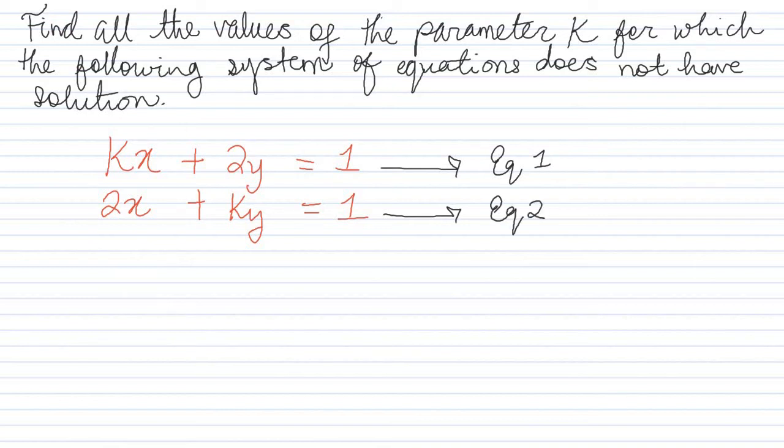When you're solving systems of equations, your plan is to reduce the number of equations into 1 and to reduce the number of variables into 1. So, for example, you go from 2 variables, x and y, to 1 variable, and you go from 2 equations to 1 equation.